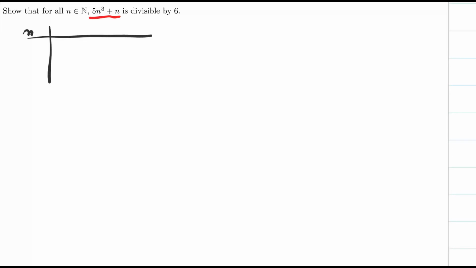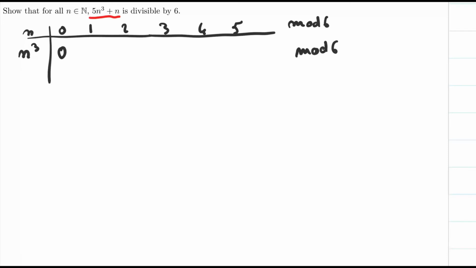So here n could be 0, 1, 2, 3, 4, and 5 modulo 6. n to the power 3: if n is congruent to 0, n to the power 3 is congruent to 0 to the power 3, which is 0, modulo 6. If n is congruent to 1, n to the 3 is 1.